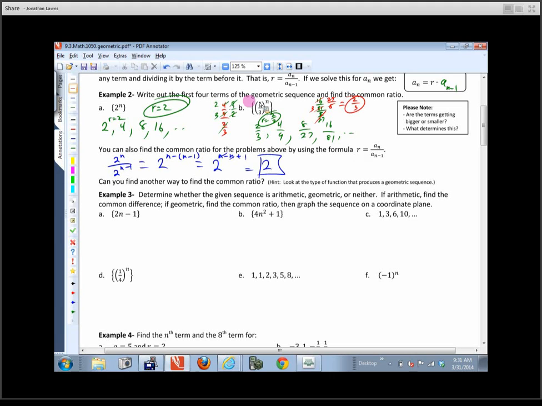So let's just double check and make sure that it works on this one. This would be 2/3 to the n over 2/3 to the n minus 1. I'm going to do this one just a little bit differently. I'm going to write this as 2/3 to the n and 2/3 to the negative 1.